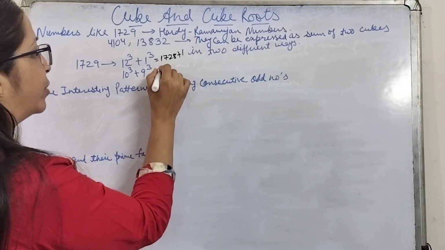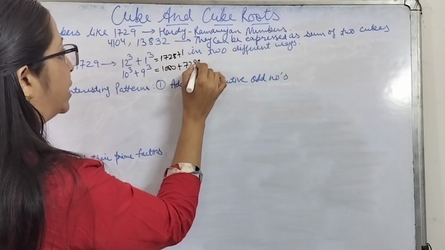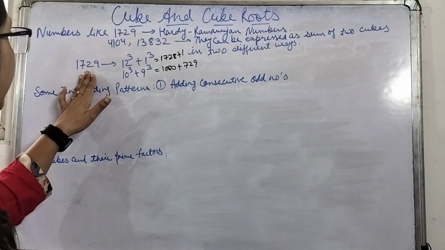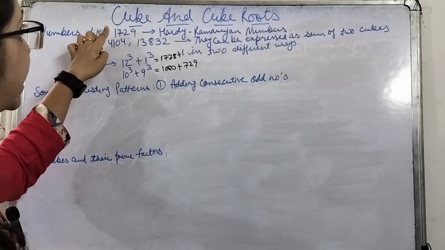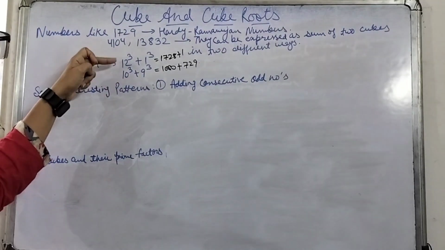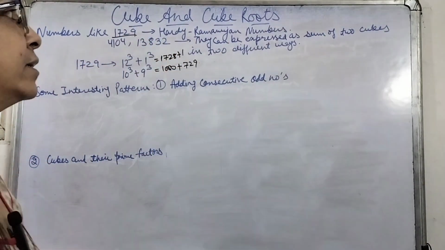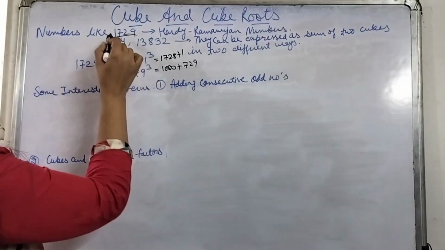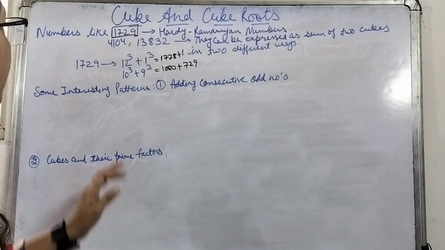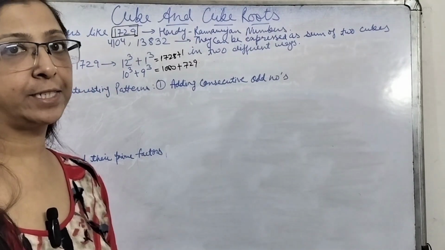Cube of 10, just now we have seen, is 1000 and cube of 9 is 729. So the sum of these two will also be 1729. Because these numbers can be expressed as the sum of two cubes in two different ways, that's the reason these numbers are known as Hardy-Ramanujan numbers, and 1729 is the smallest such number which can be expressed as the sum of two cubes in two different ways.